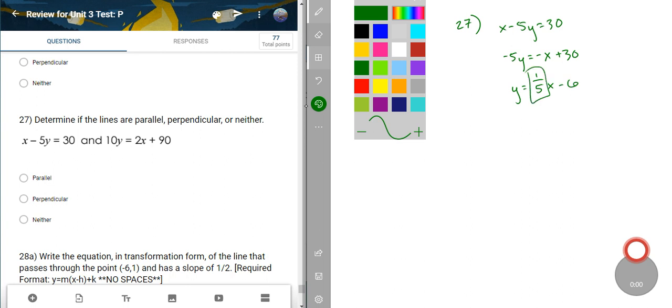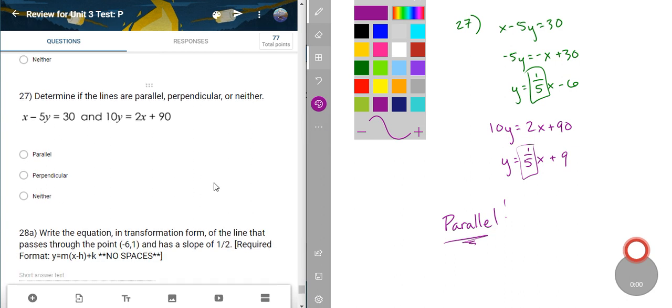If you need to see the in-between steps, go back and look at the last problem. Same exact approach. So 10y equals 2x plus 90, divided by 10, 1/5 x plus 9. I'm going to compare my slopes. 1/5, 1/5. These are the same slopes, so they are parallel. Good.